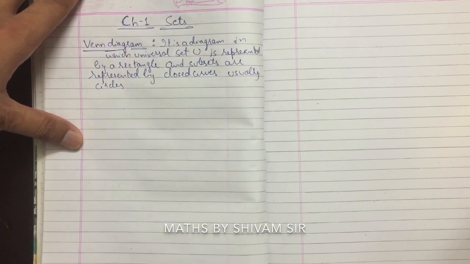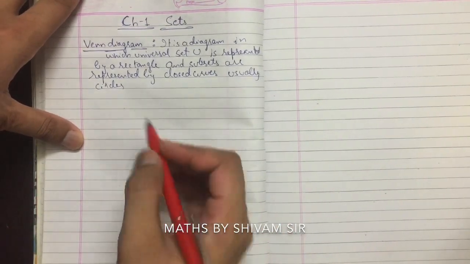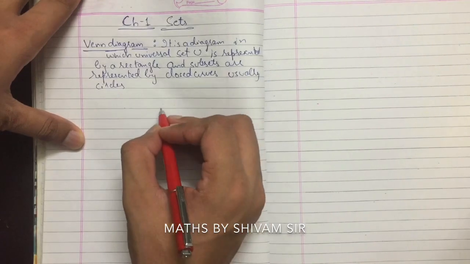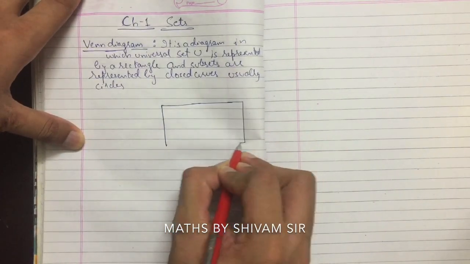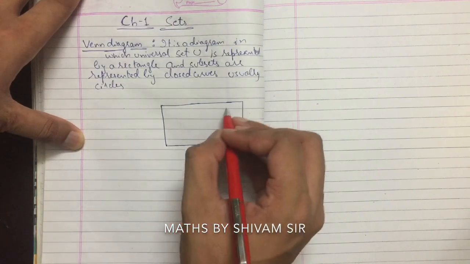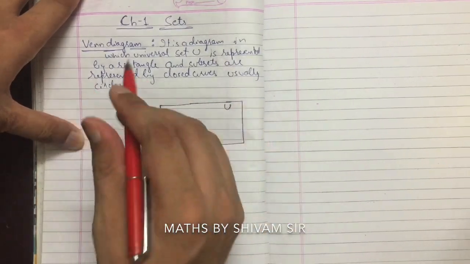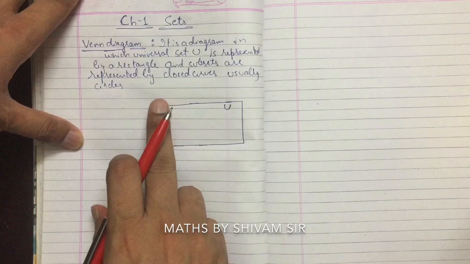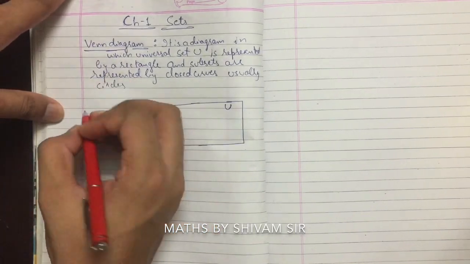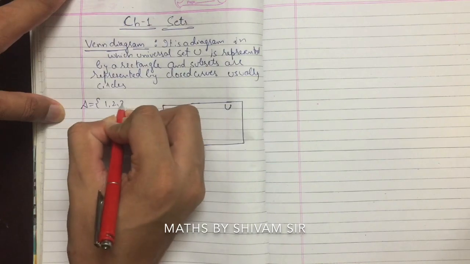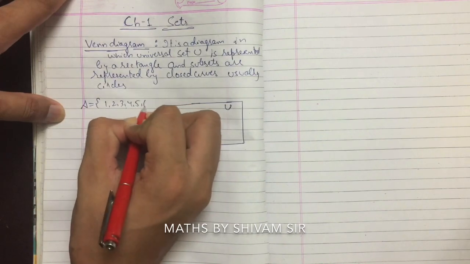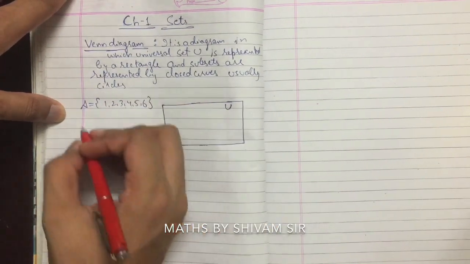I'll tell you how we represent a Venn diagram. As I told you, a Venn diagram is a rectangular representation. The universal set is represented by a rectangle. Let's suppose there is one set A having elements 1, 2, 3, 4, 5, 6, just an example.